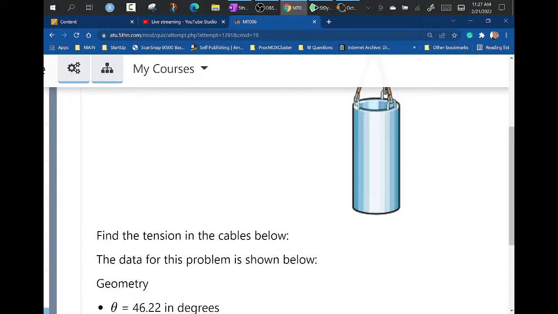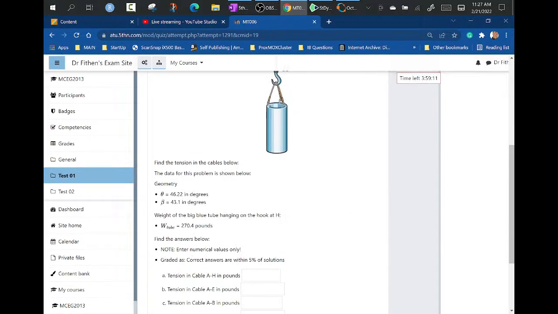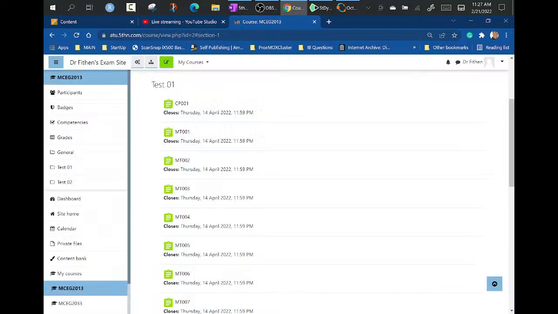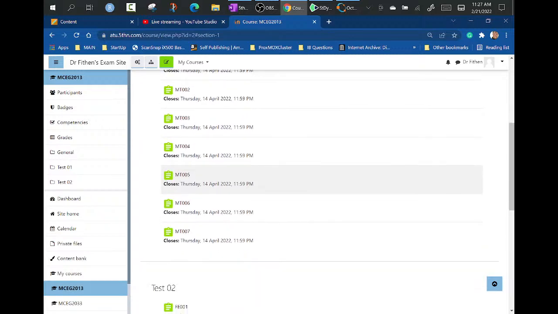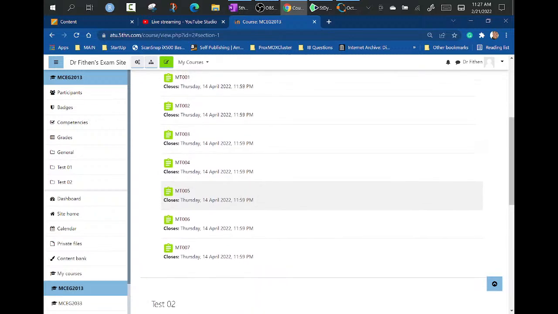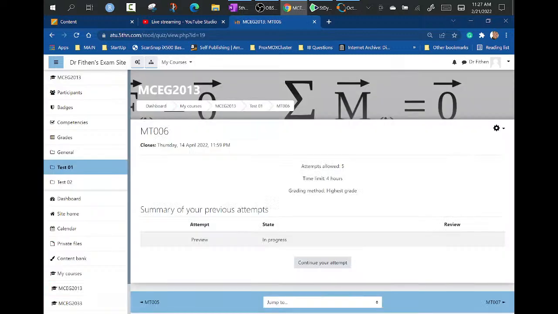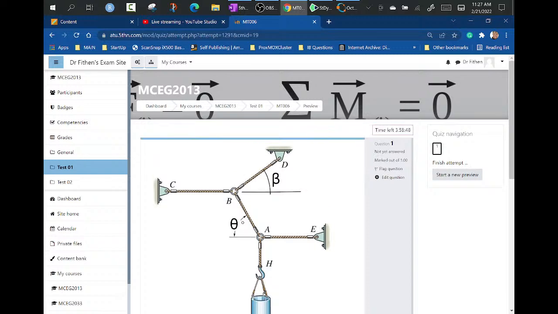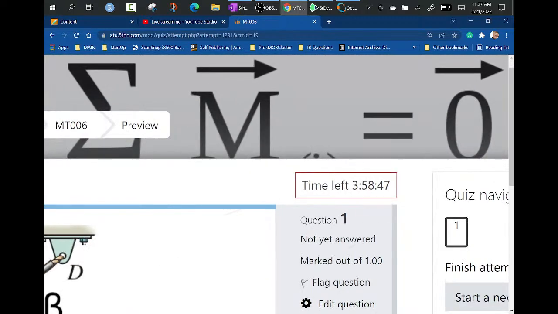So if you feel like it, you can go ahead. There are, I want to say it was 7, but I'm not sure. Now, notice I left the problem, right? If I go back to it and hit continue your attempt, give it a second, it's going to come back in there, and you notice the time left.